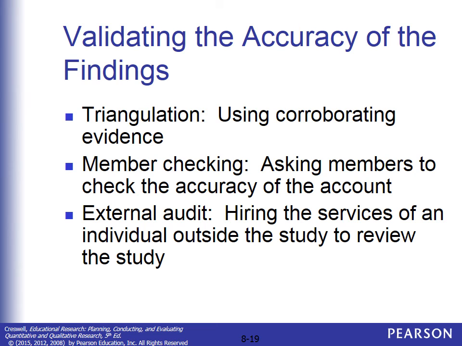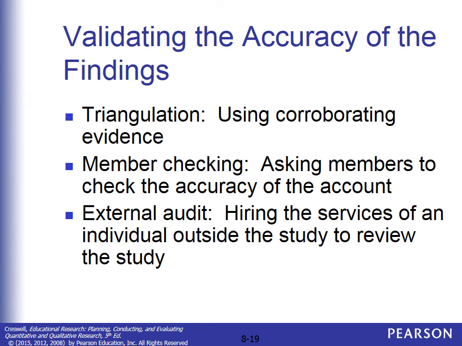Credibility, which is the qualitative counterpart to internal validity. Transferability, which is external validity, from one setting to another, can be established by establishing the context of a study and giving detailed descriptions of the procedures. And then there's also dependability, which enables one to repeat a study by using overlapping methods and in-depth methodological descriptions of the procedures.